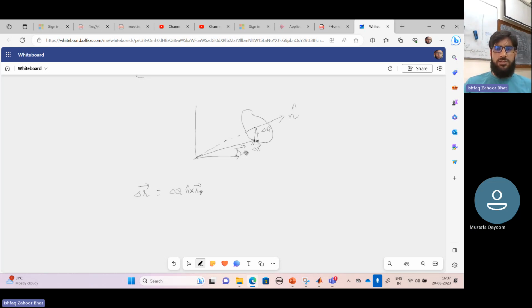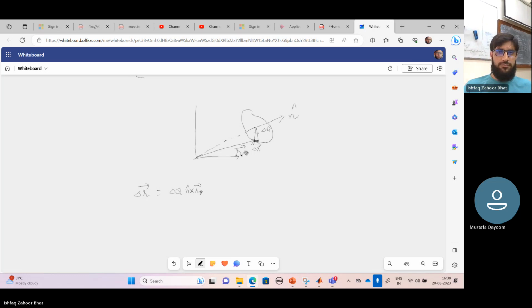Basically the change is taking place in the plane of this rotation. So if I draw this, the change will occur in this plane. The change will be equal to the radius of the circle times theta. If I take the cross product of n with R, it gives me this radius, since in the previous class we discussed that the magnitude of this is the radius of this circle.